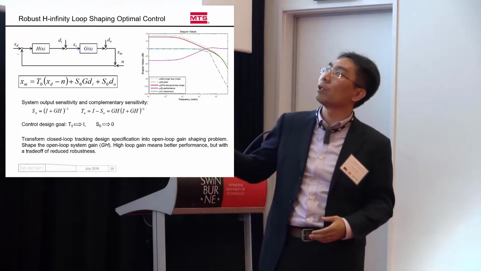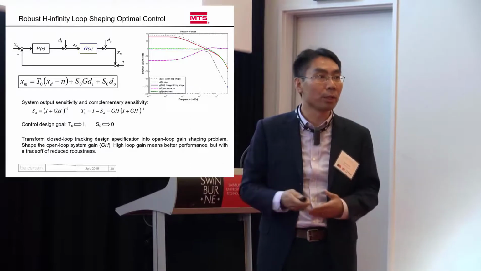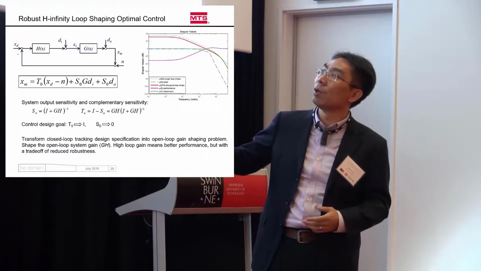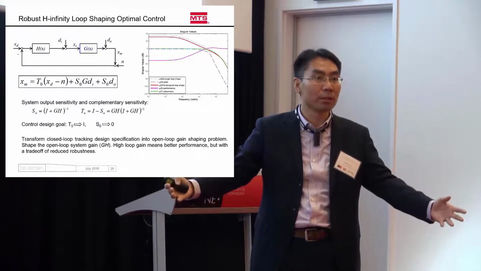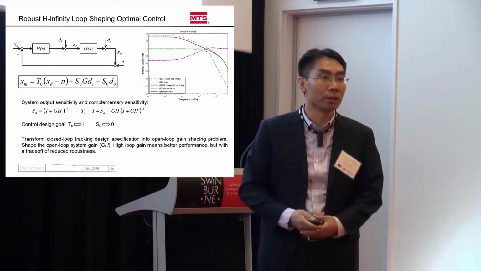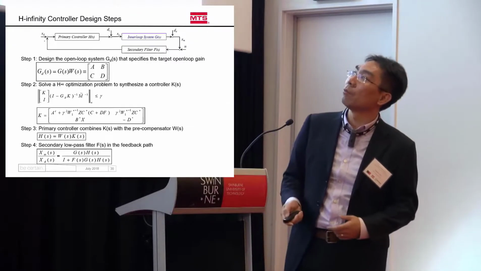If you have a very aggressive controller, your system tends to go unstable very quickly, right? Because in the ideal world you design everything based on a model, but when you do the real testing, the model cannot 100% represent your real hardware. So that's the trade-off you have to achieve.